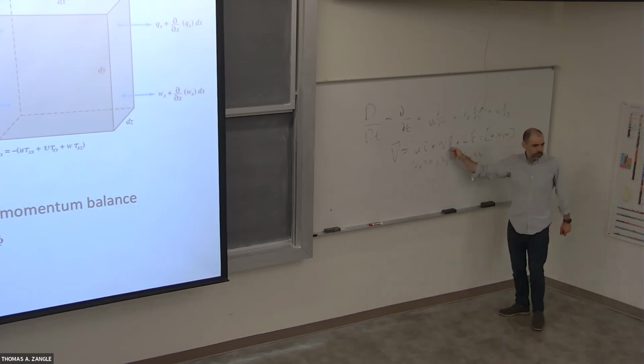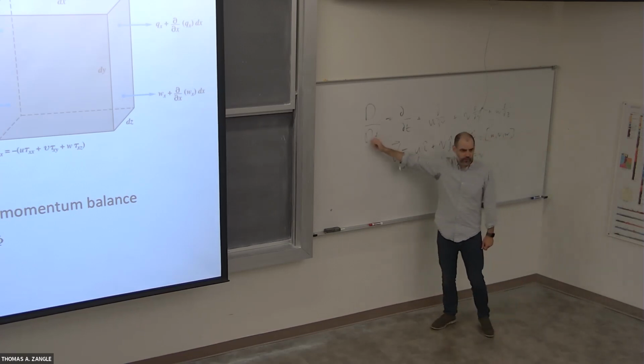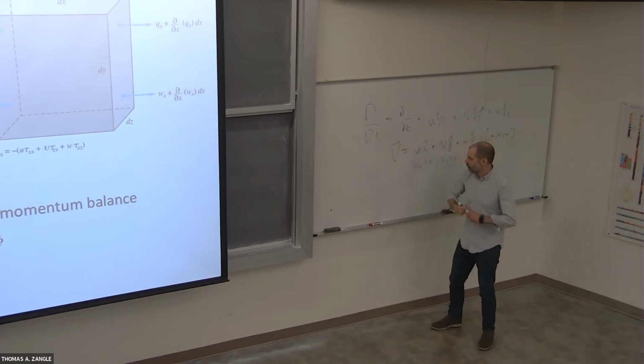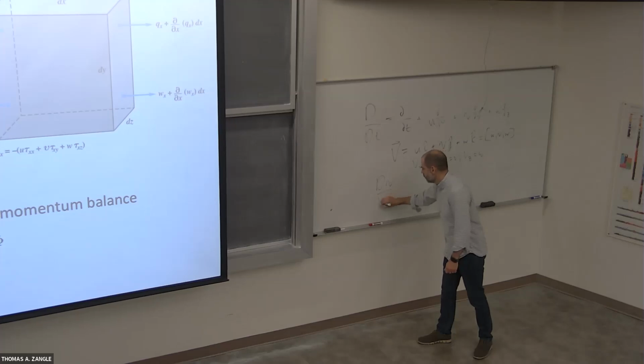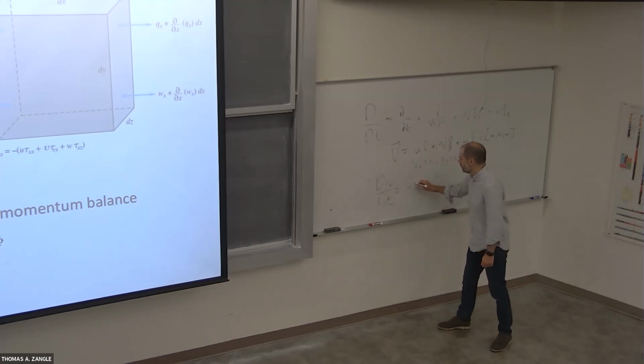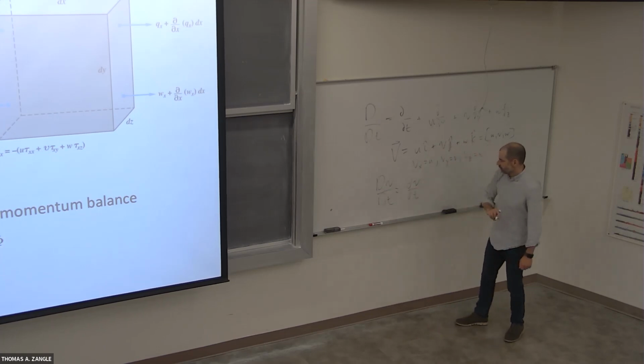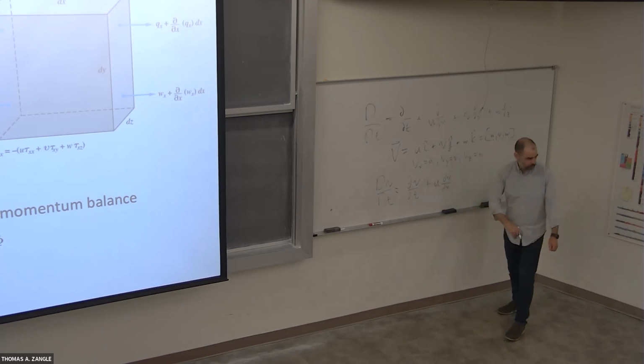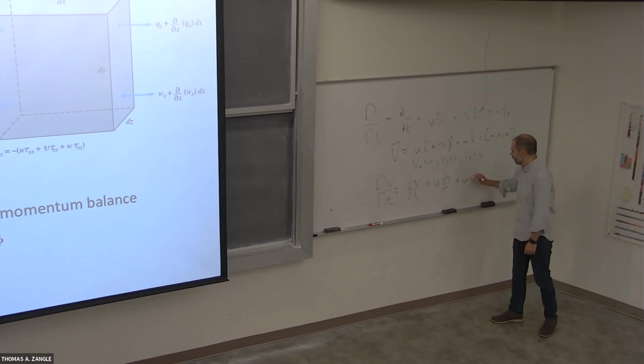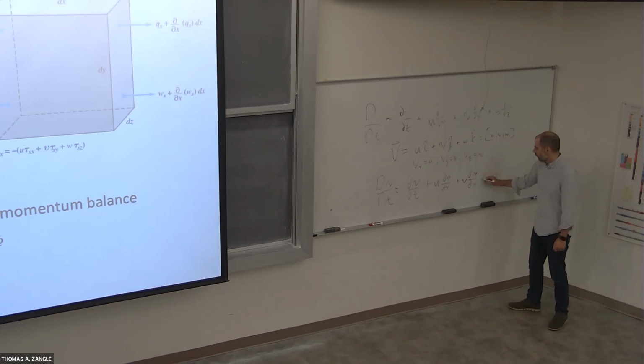So that's dealing with the j component of the velocity, the y component of the velocity. Now we're going to take the total derivative of that lowercase v, the y component of the velocity. So we're going to have d/dt of v, plus u d/dx of that lowercase v, plus v d/dy of that y component of velocity, plus w d/dz.